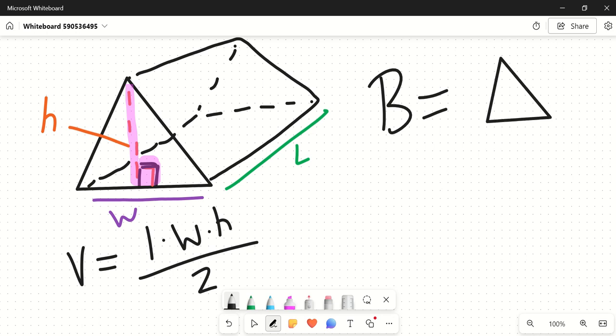I'm not going to ask this, but just so you guys know, when they ask you for the base of a triangular prism, you're basically just finding the area of one of the triangles. Okay? That's all you're doing. Find the area of one of the triangular faces, and that is the base of the triangular prism. You find the area of a triangle by multiplying base times height, right? In this example, it would be width times height, and then you divide it by 2.